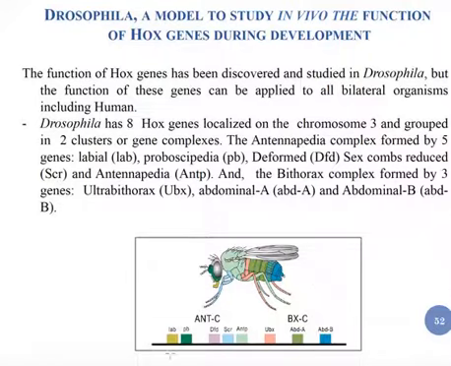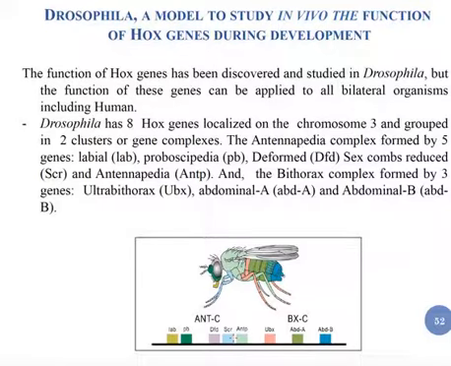Antennapedia C includes labium, which is a mouth part attached to the head at this position. We have the proboscis, which is also a mouth part, where the antennae are attached, as you can see. We also have deformed, expressed in this part of the head in purple.